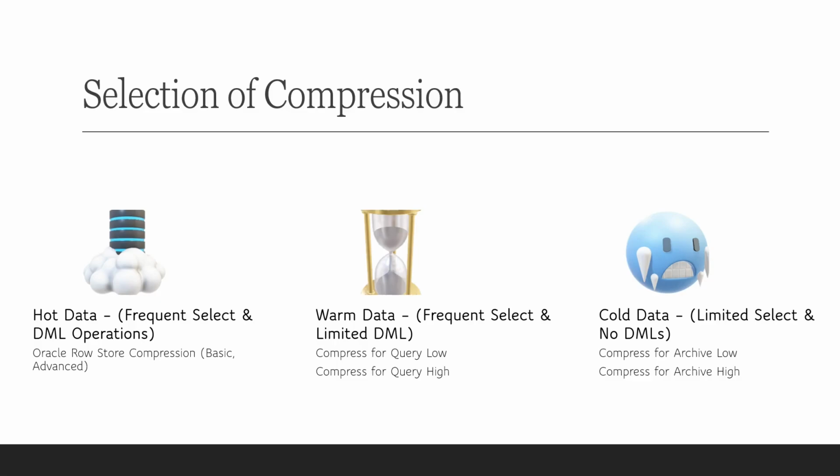Rather, you can choose Oracle row store compression, which comes in two flavors, basic and advanced. Through this, you can achieve up to 4x compression. Remember, the advanced row store compression needs a different license, whereas the basic comes included in the Enterprise Edition.